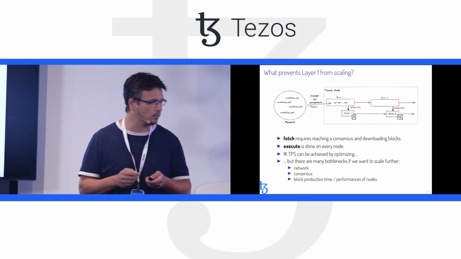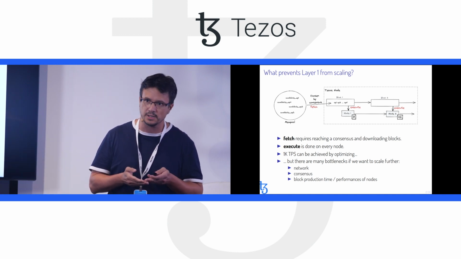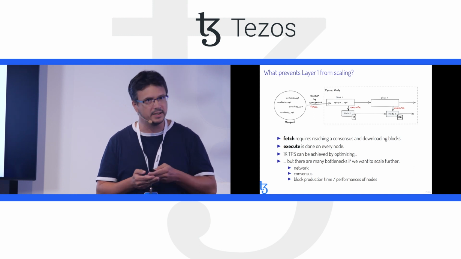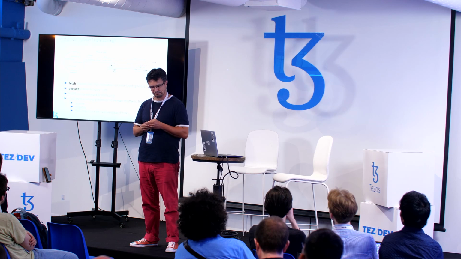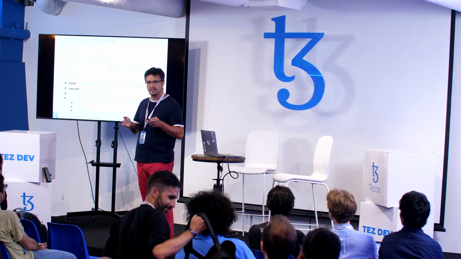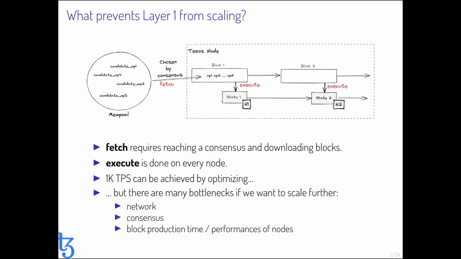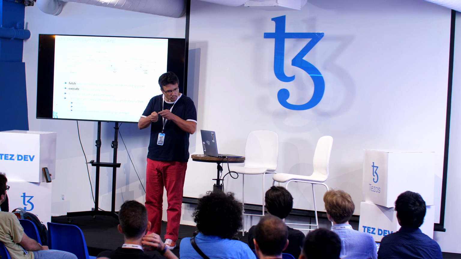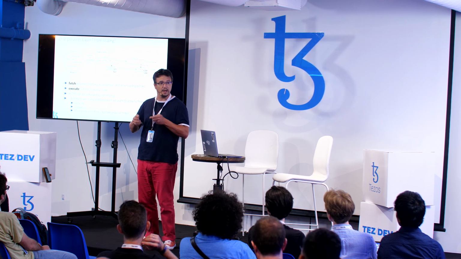That's what we did when we optimized the Michelson interpreter, when we introduced the protocol-aware in-memory cache recently, and also when very recently we implemented pipelining in Tezos. Okay, so you can do that, but actually it's not scaling, okay? Because scaling is not about optimizing your CPU, it's about the ability to add more CPUs.